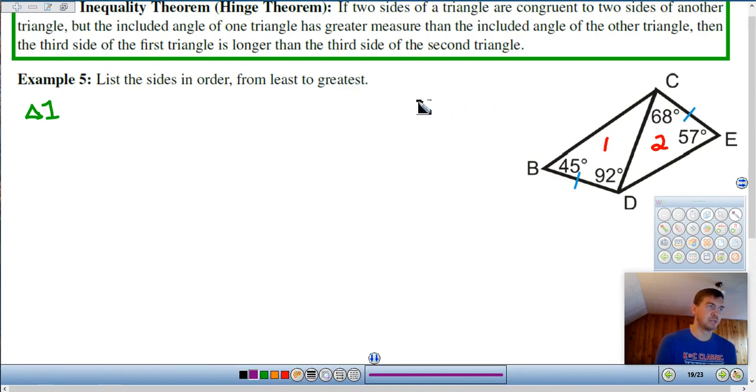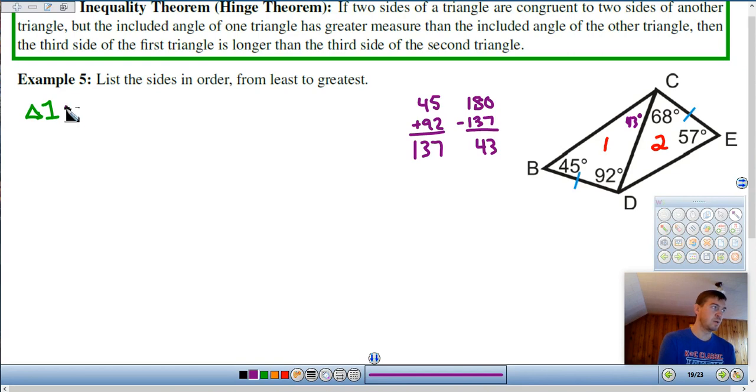So let's do that a little bit more informally. 45 plus 92, that's 137. And then 180 minus 137 is 43. So this one has a measure of 43 degrees.